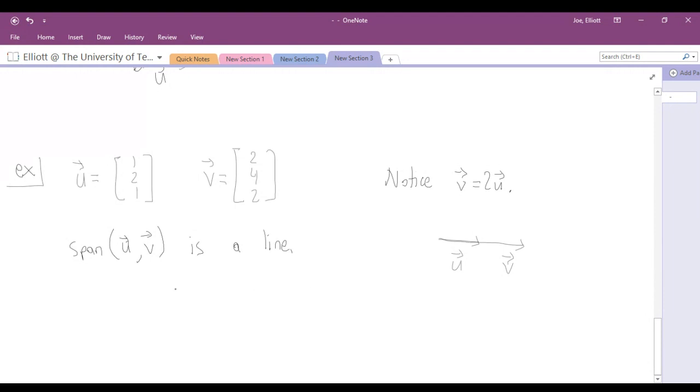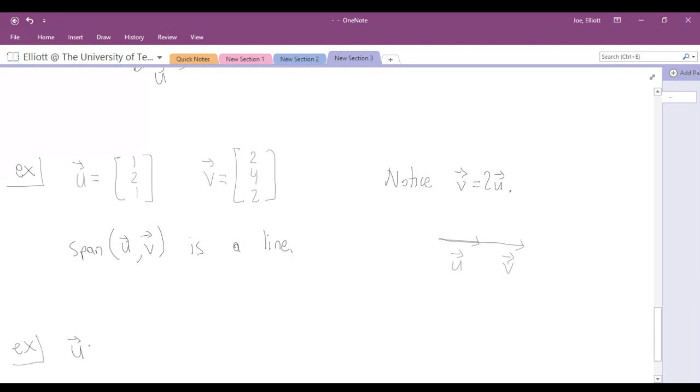From that, you can tell that they're just going to span a line, specifically the line that goes through these 2 vectors. In this case, that's all that I'm really checking: is it a line or what is it?